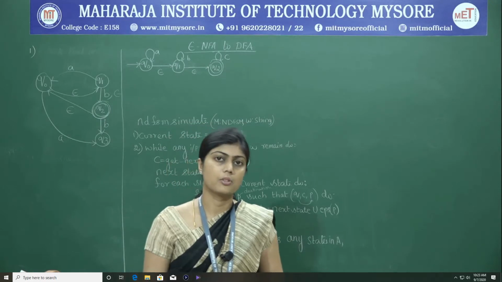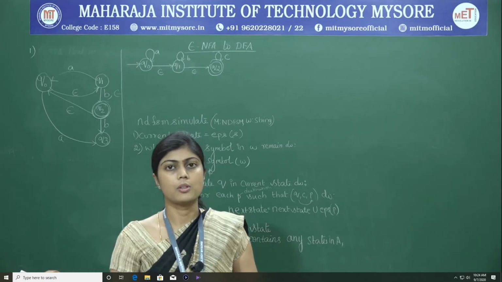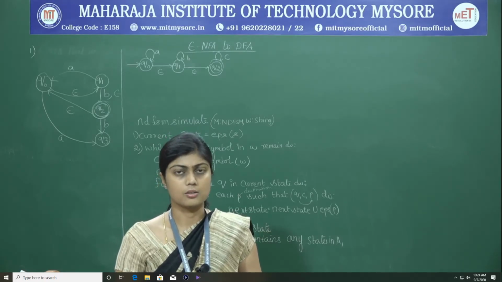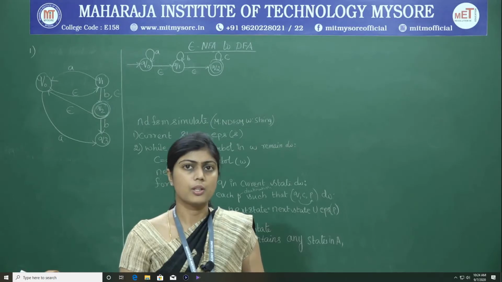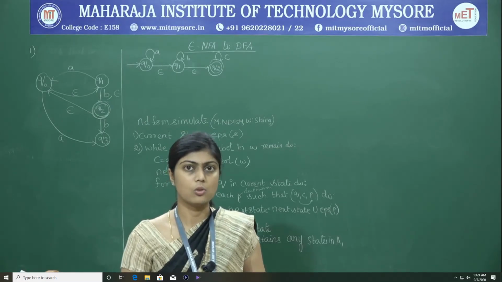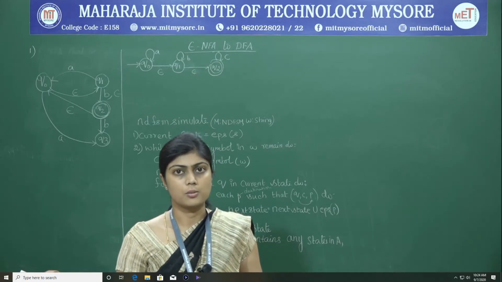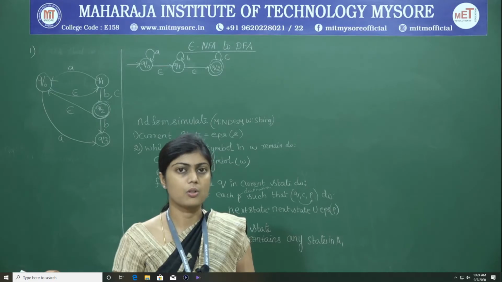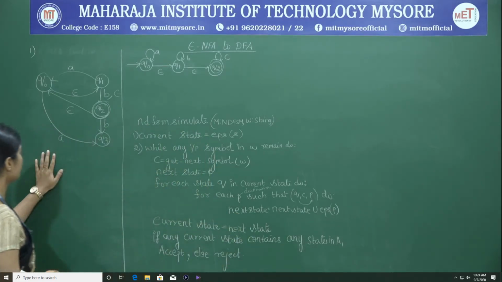And the second thing that we have to remember about the epsilon closure is the state for which we are going to find out the epsilon closure is also included in that set. So that means Q0 is reachable from Q0 over the epsilon transitions. So we could just have an imaginary loop over the Q0 saying that Q0 is possible. That means Q0 is reachable from Q0 over epsilon. So we will see how to form the epsilon closure.